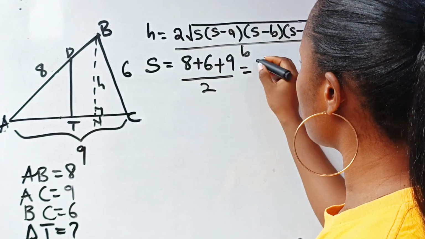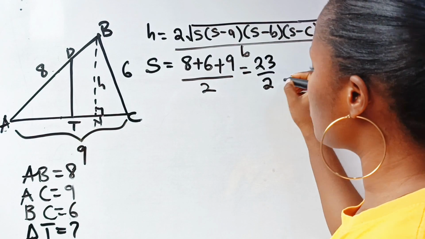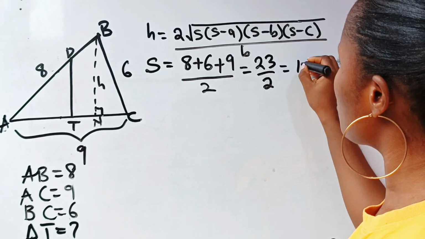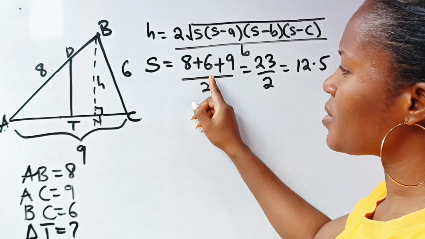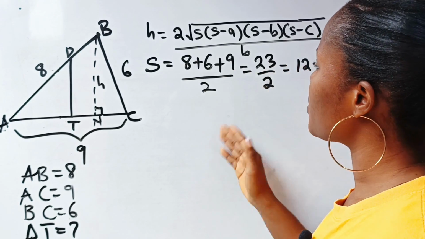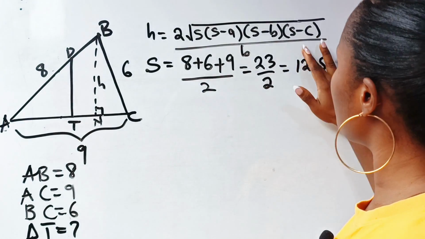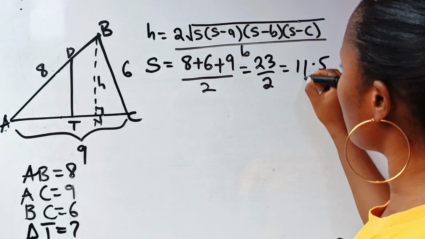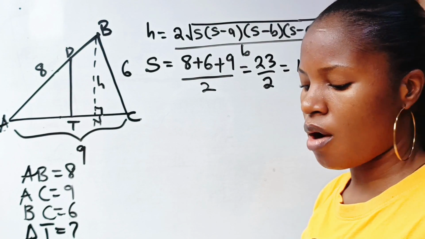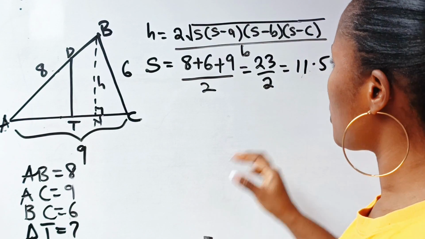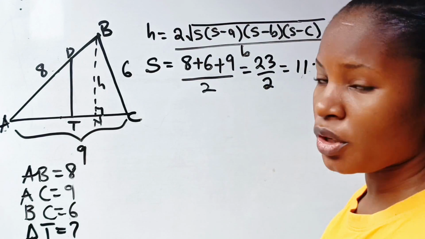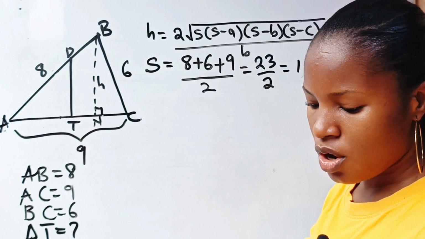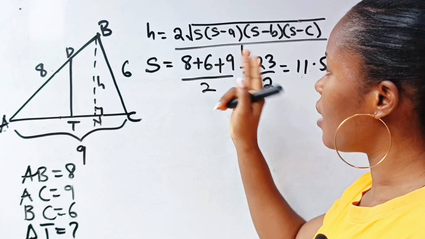So we have 23 divided by 2, which gives us 12.5. Hope I'm correct. 6 plus 8 is 14, 14 plus 9 is 23, 23 divided by 2 is 11.5, sorry. Now we substitute this value for s into the first equation in order to get the height of this diagram.